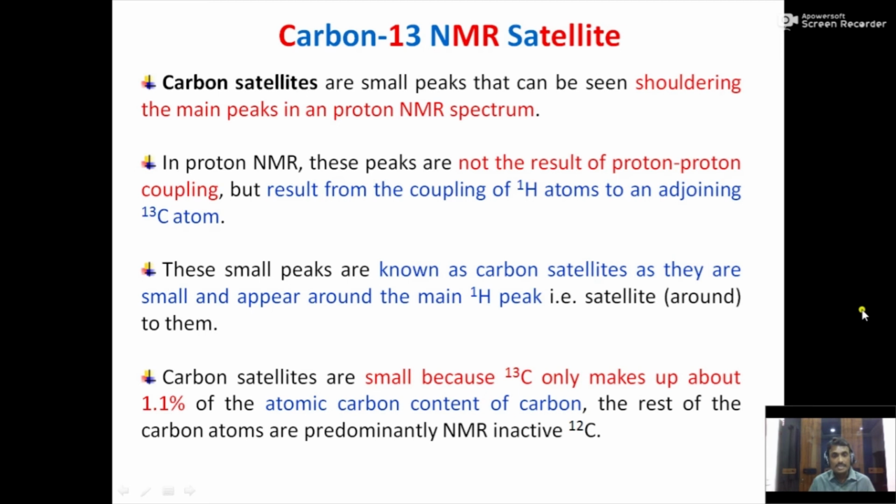That's why they are called satellites. Carbon satellites are small because the abundance of C13 is very low. We have already seen that the abundance is approximately 1.1% of the carbon content. The rest of the carbon atoms are predominantly NMR inactive carbon-12 isotope.